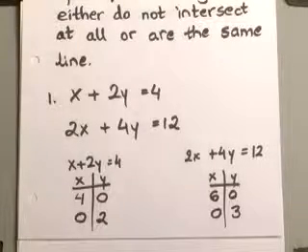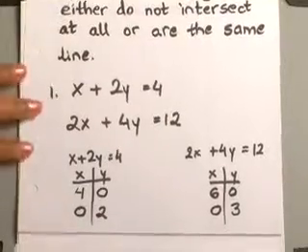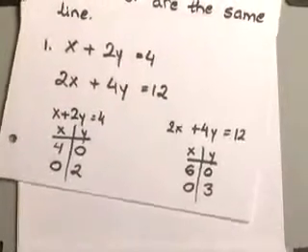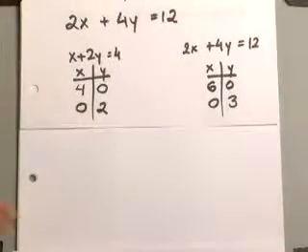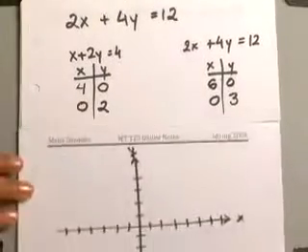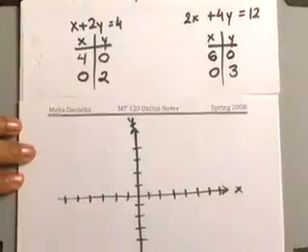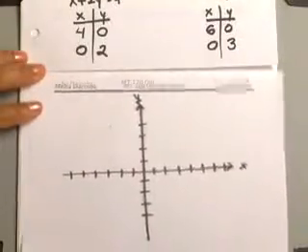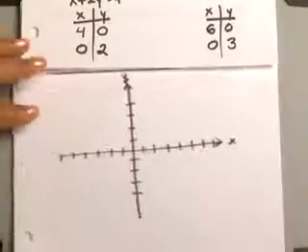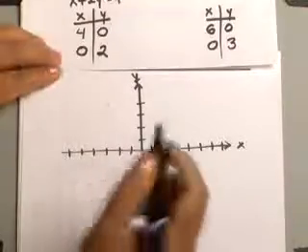And now, using these 2 points, let's go ahead and graph this system. So we have our axis plane here, and let's go ahead and graph our first line.